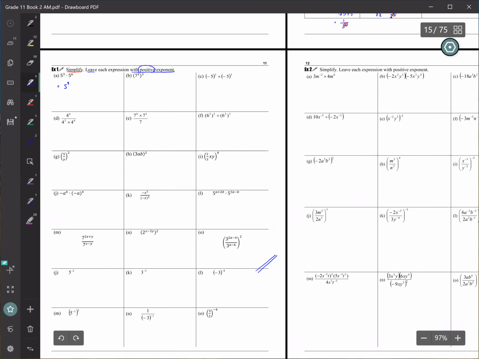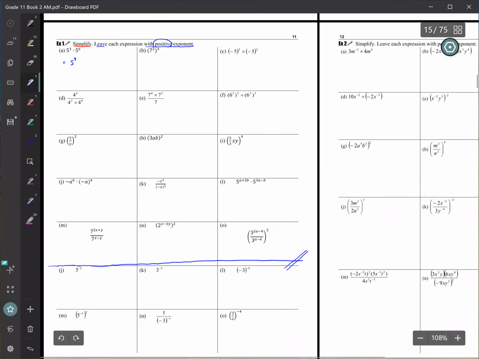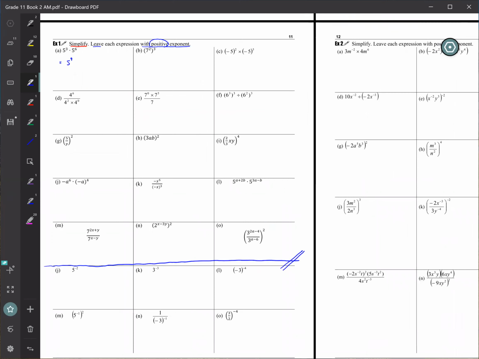The lettering is a bit weird here, but it's okay. So just do up to where I draw the line. After the line, we have negative exponents. We'll do that later. So do everything up to O, and then you can raise your hand. We'll check answers before we move on.